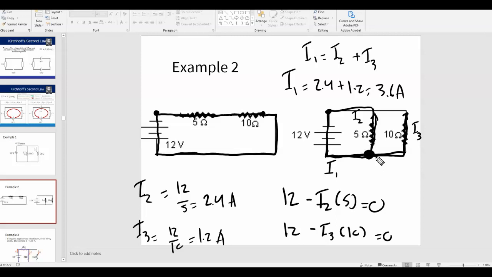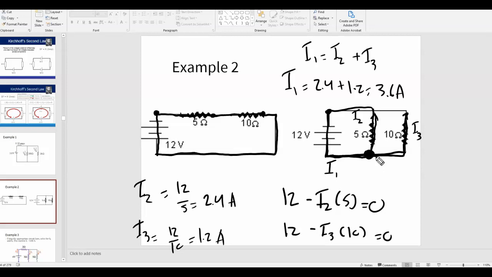In other words, 10 is double what 5 is, and so double the resistance means that pathway gets half the current. So it splits proportionally. If it was 5 ohms and 5 ohms, then it would split 50-50. Here it doesn't split 50-50, but hopefully that makes sense.